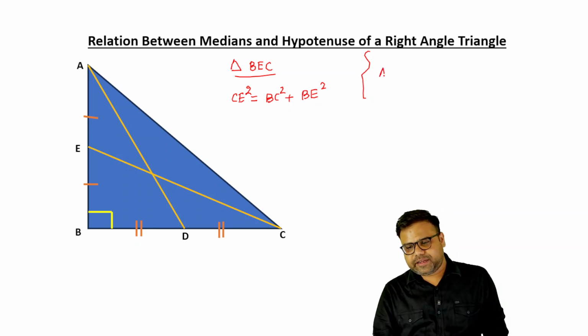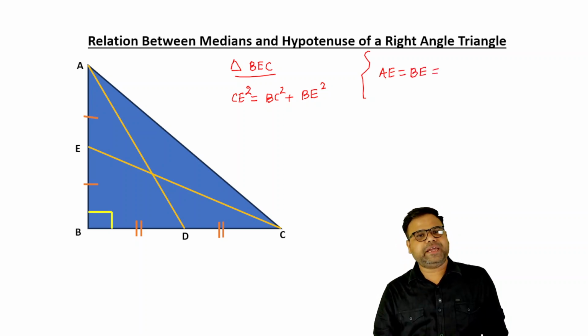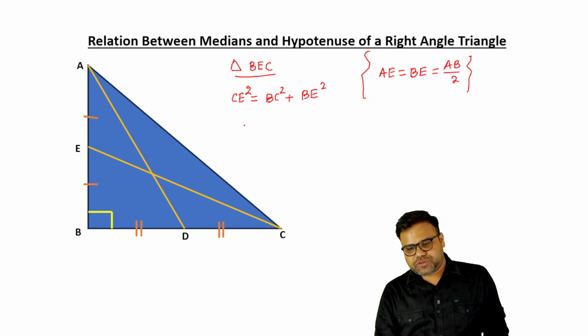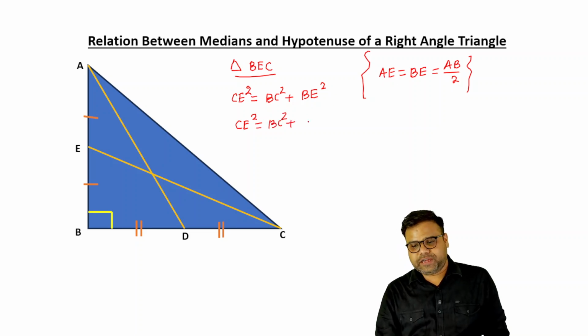I can write AE is equal to BE. The length of AE and BE will be equal and it will be half of AB, right? So CE will be CE, BC will be BC, and I can write BE in terms of AB. So I will write AB upon 2 here and whole square.